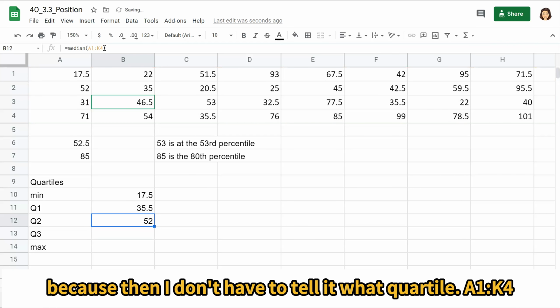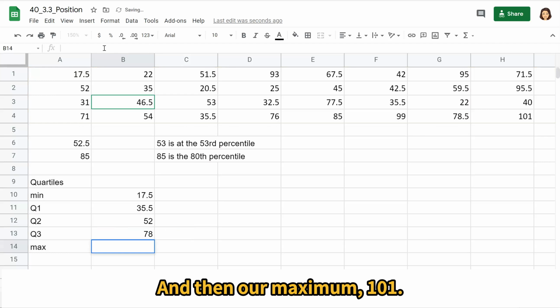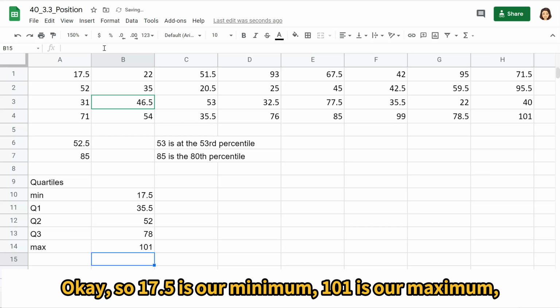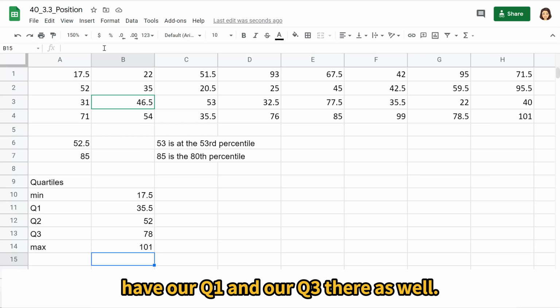A1, K4, quartile.exe, A1 to K4, and I'm doing quartile 3, and then our maximum, 101. Okay, so 17.5 is our minimum, 101 is our maximum, our median is 52, and then we have our Q1 and our Q3 there as well.